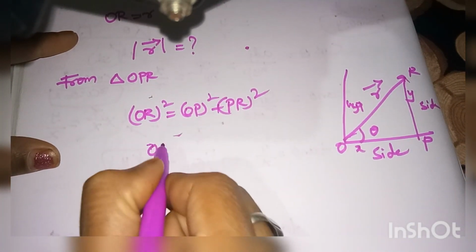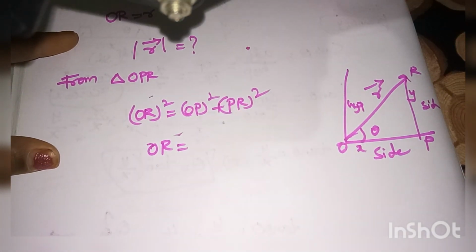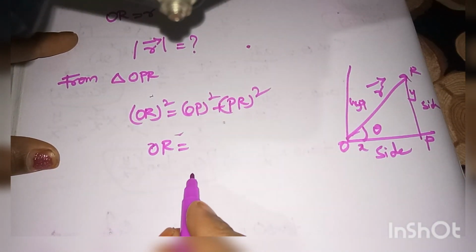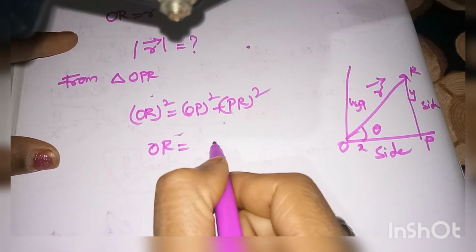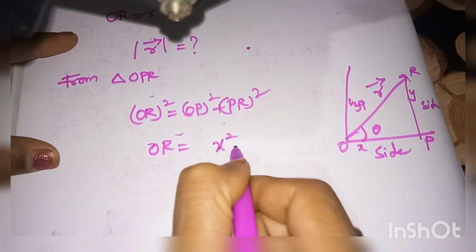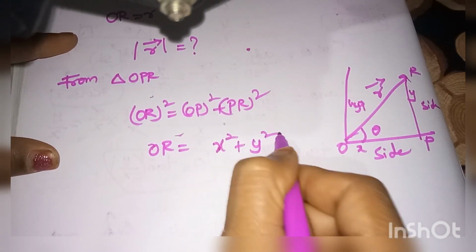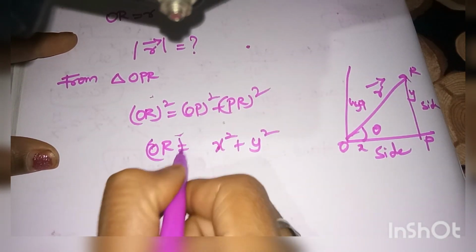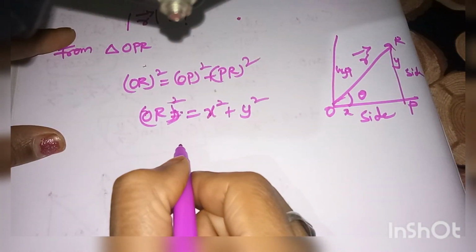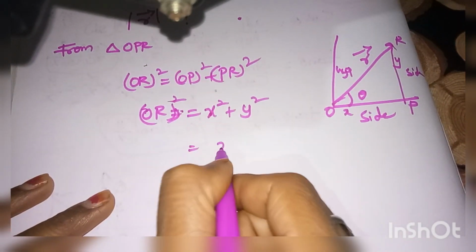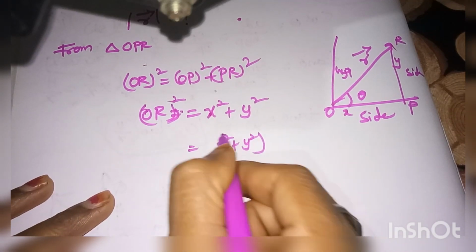So you want OR here. What is OR? OR is the magnitude of a vector. So OP means x square plus PR means y square. So whole square, as I am sending square to the right hand side, it will become square root. So x square plus y square whole power 1 by 2.